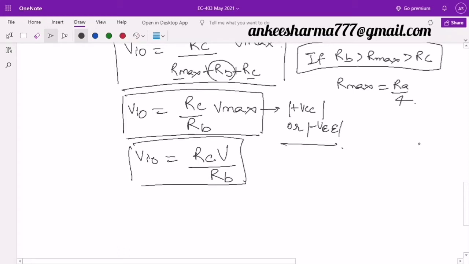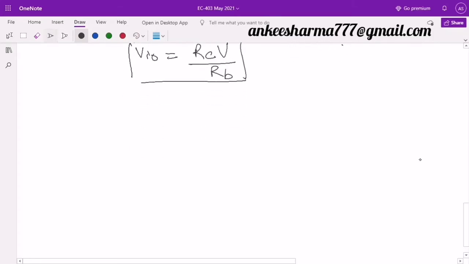Now next we will discuss the input bias current. This input bias current is nothing but the average of the two input bias currents available at, again, the differential stage of our operational amplifier.